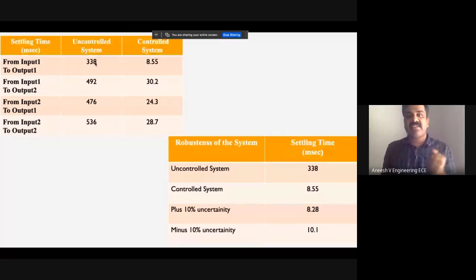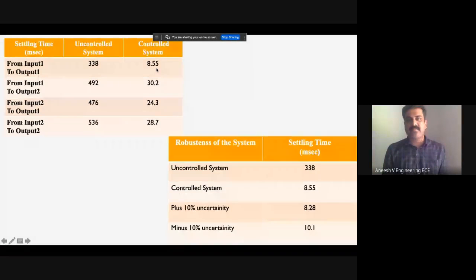But it is a tedious task, because the design process is too complicated. But with the backstepping controlled system, we get stability in 8.55 milliseconds. That means 338 to 8.55 milliseconds. In a quick moment, our system gets stable.